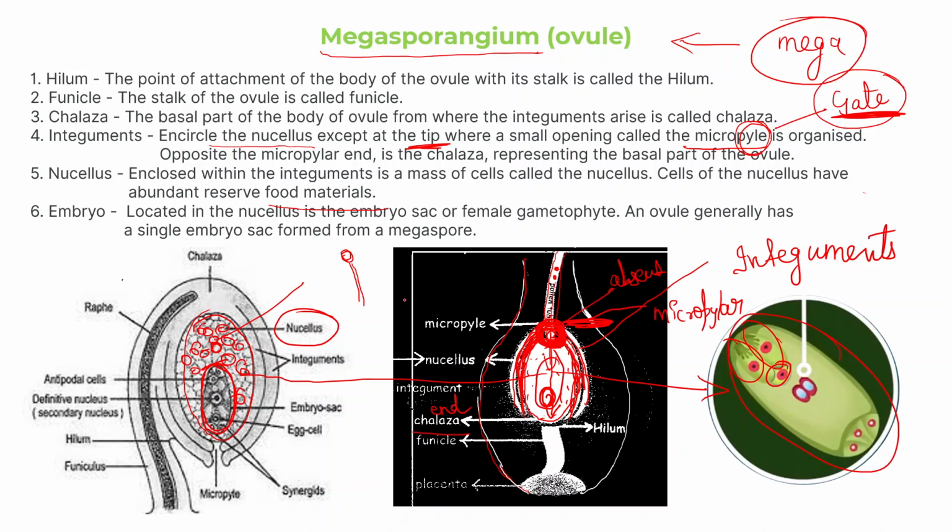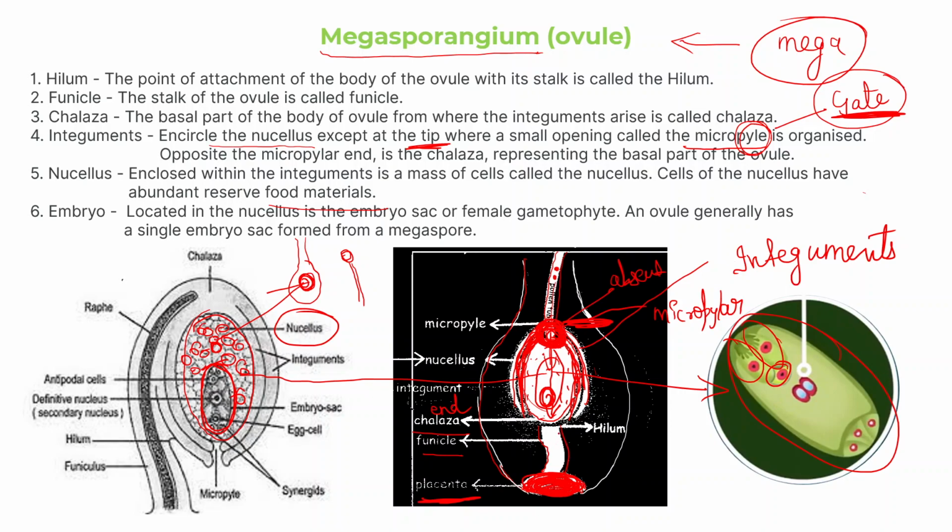Now you will see that, for example, this is my ovary and inside it has a nucellus mass. But this nucellus mass is not floating inside the ovary. It is attached at a point somewhere, and that point is the placenta. This whole part is attached with the stalk, which is known as funicle, and the portion where it is attached is called placenta.